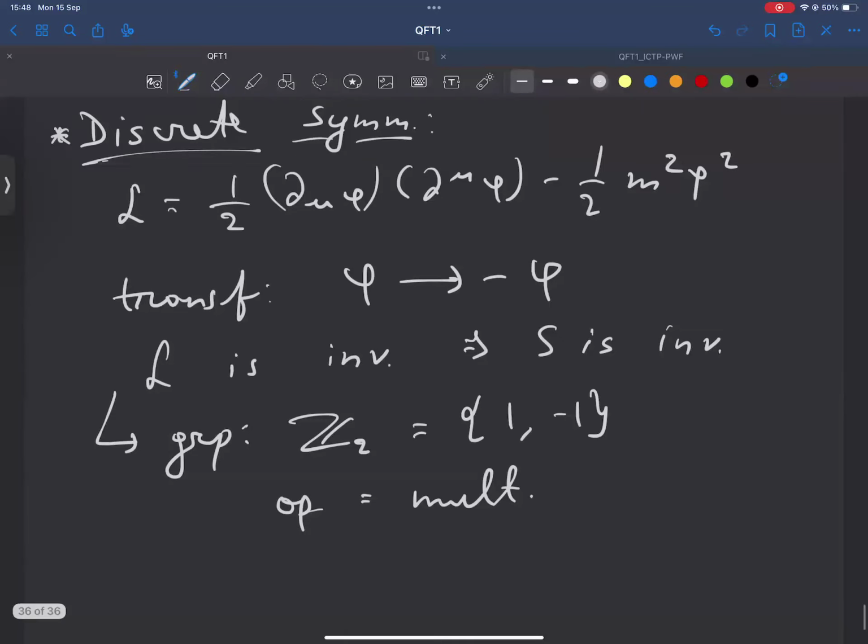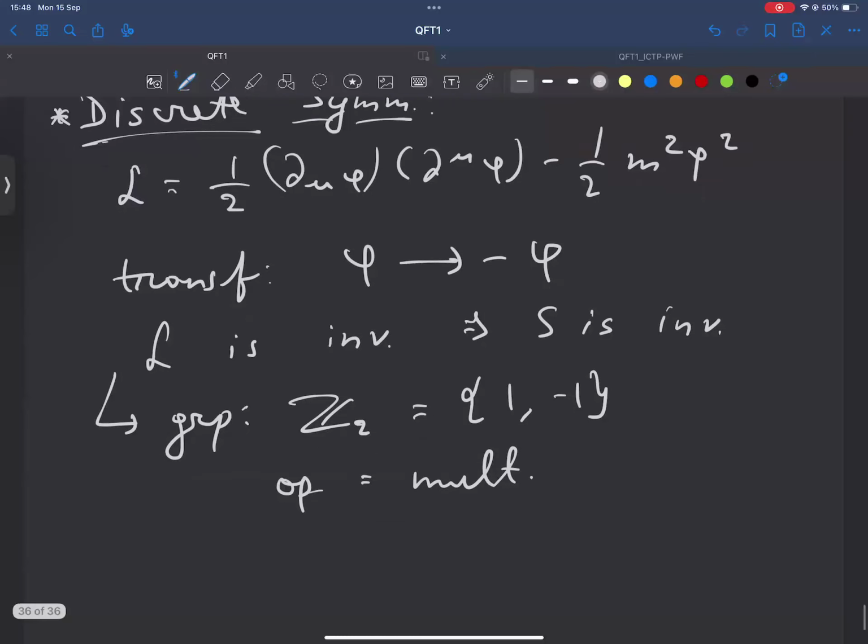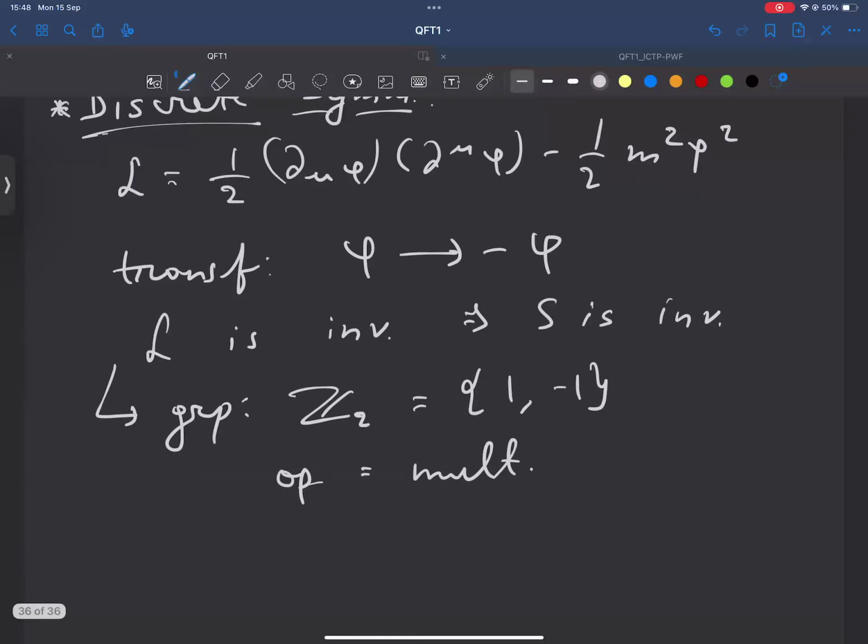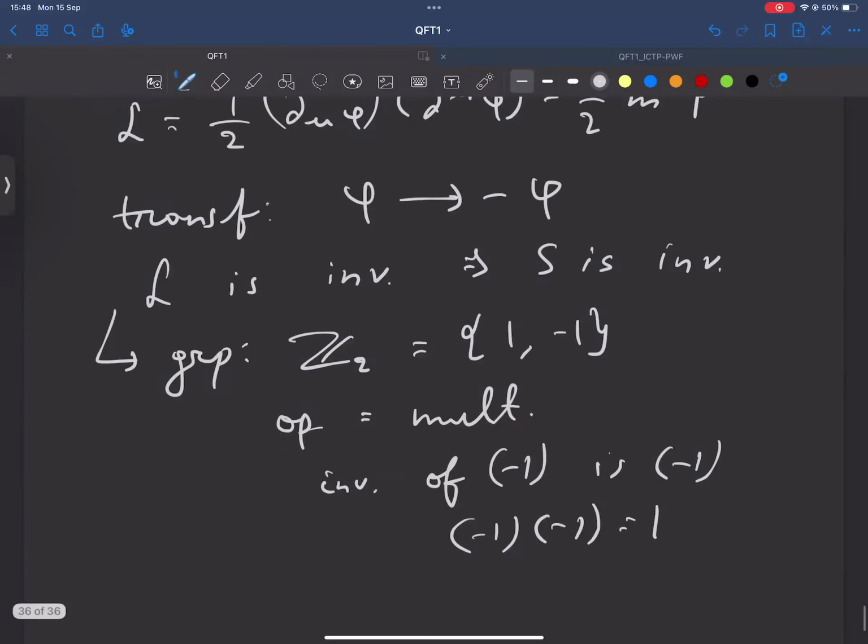So that's why the inverse of -1 is just -1, because -1 times -1 is 1. So it is a self-inverse element.